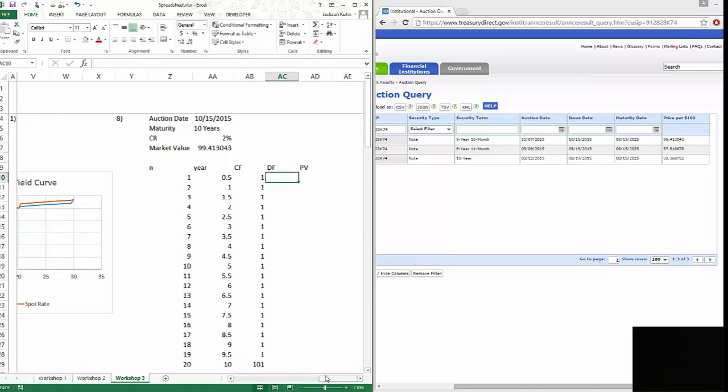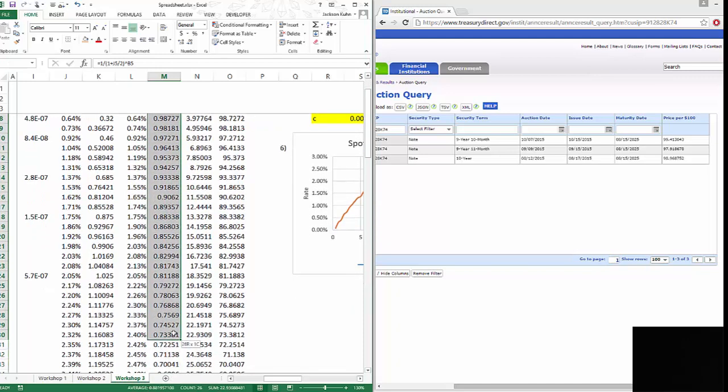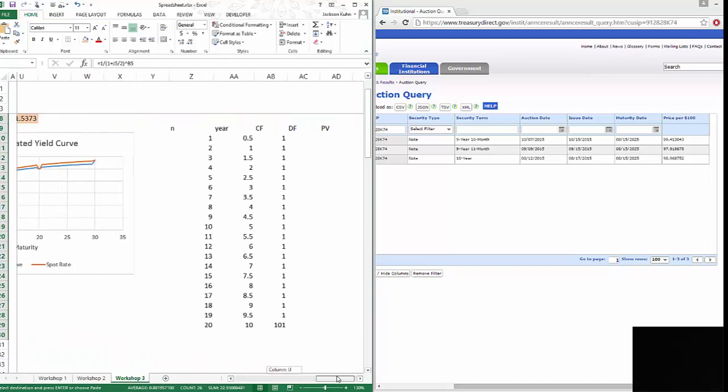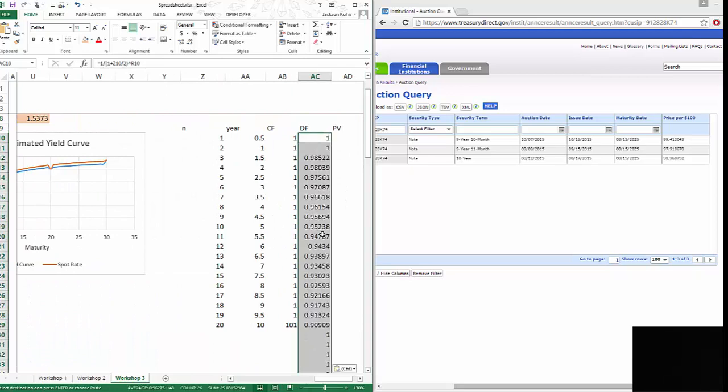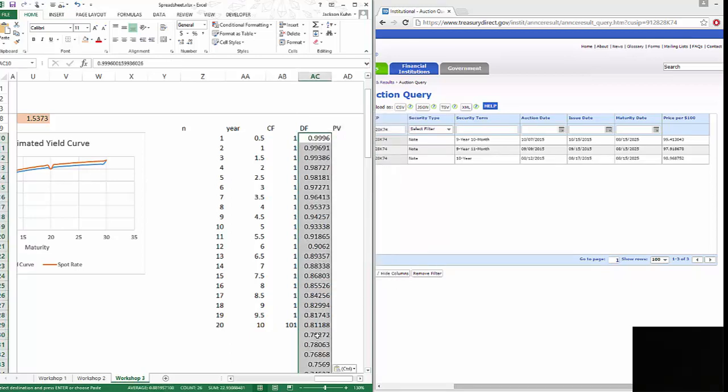And for our discount factors, we're just going to copy and paste our discount factors from before, that we got in question number 6, and then these are going to be too far. And we're going to want to paste just the values.